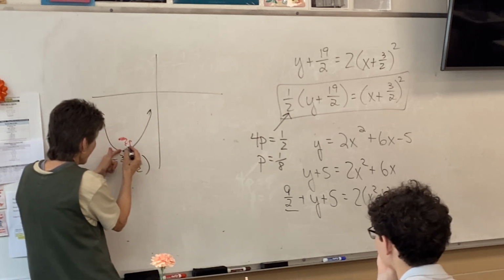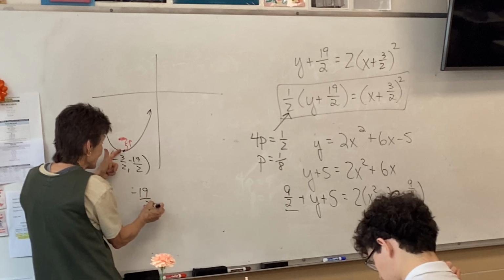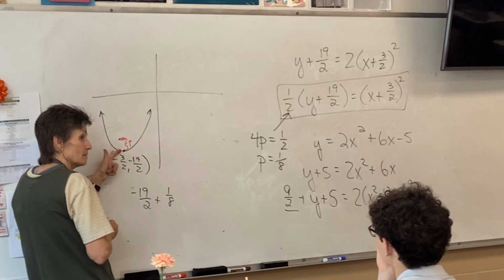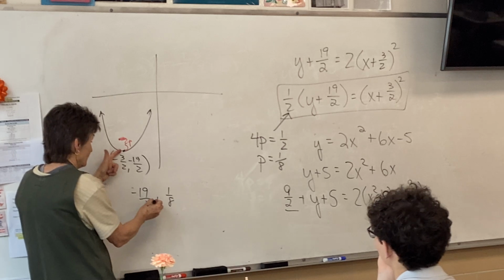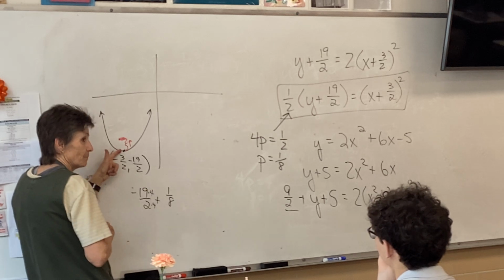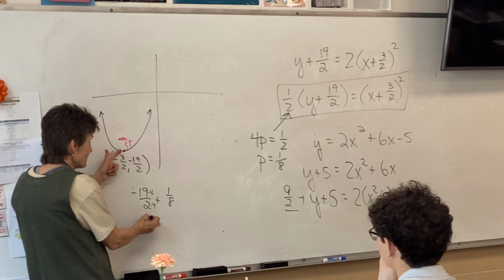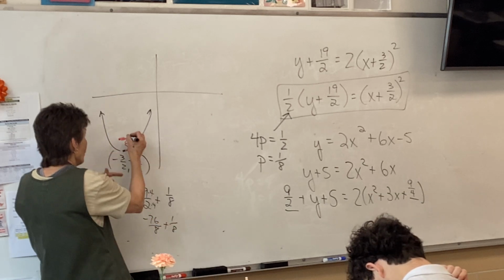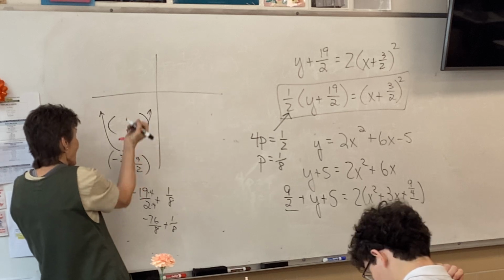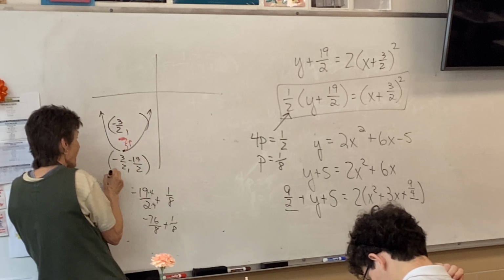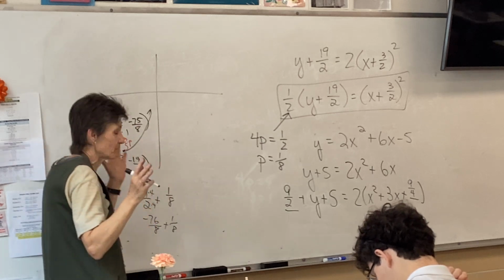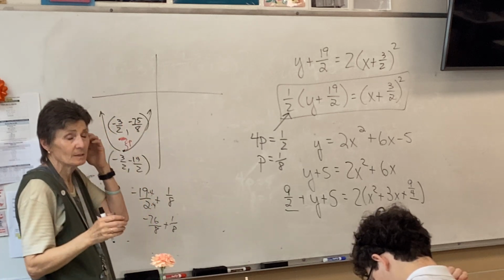So we're going to start at negative 19 halves, and we're going to go up an eighth. So negative 76 eighths plus an eighth would put me at negative 3 halves, comma, negative 75 eighths. I know the arithmetic is yucky, it's just how it is.